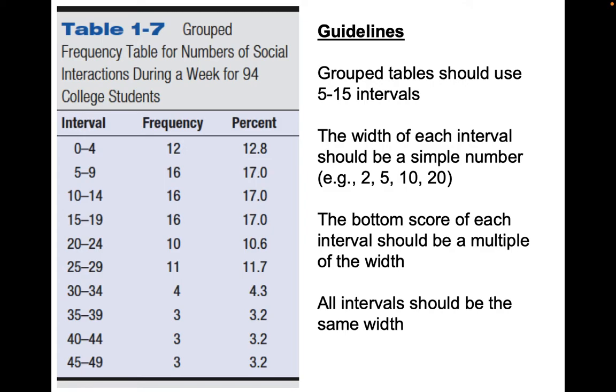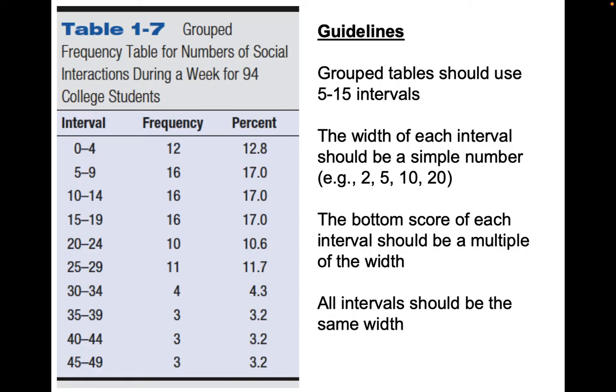The number of intervals that appear in the table will be based on what the width of each interval is. So the width of each interval should be a simple number, like 2 or 5 or 10. What you can see here is that the interval width is 5. The next guideline is that the bottom score of each interval should be a multiple of the width.